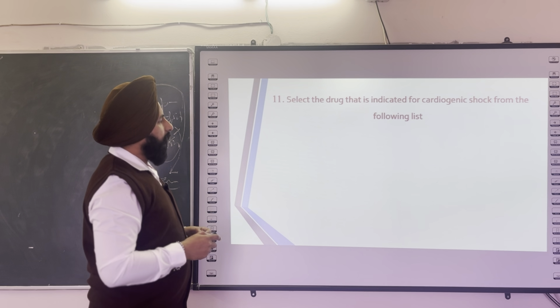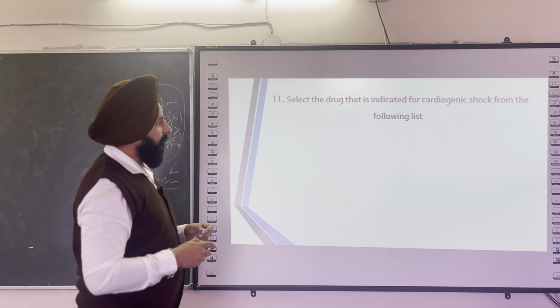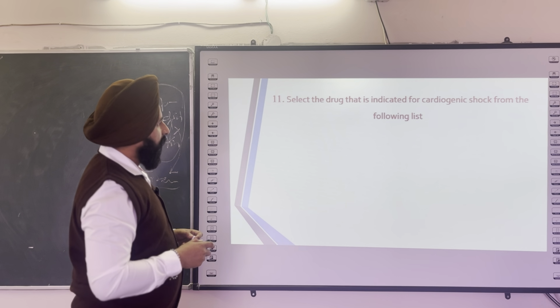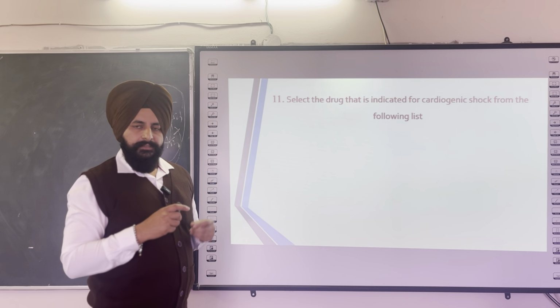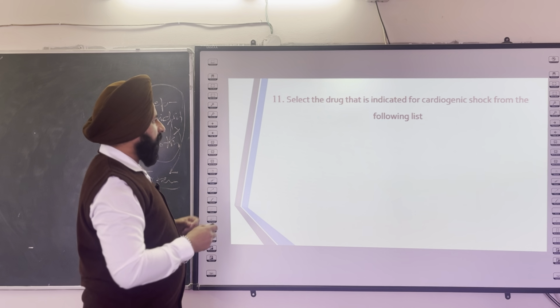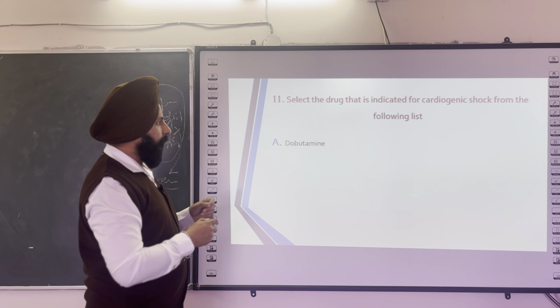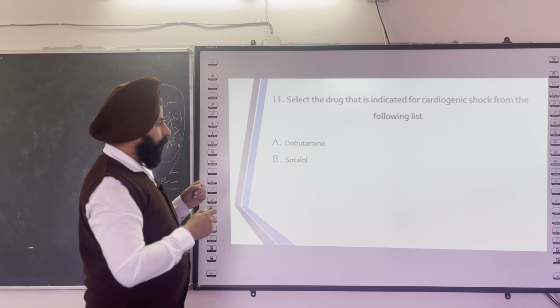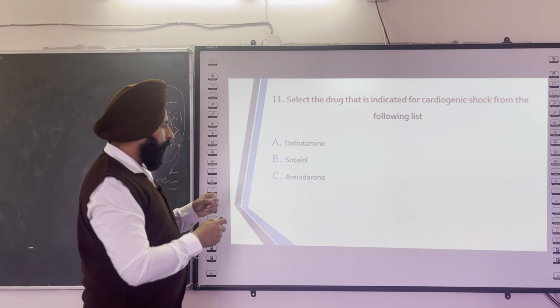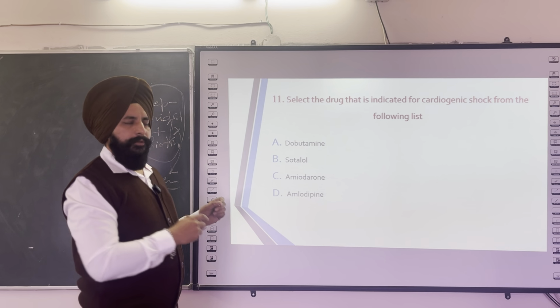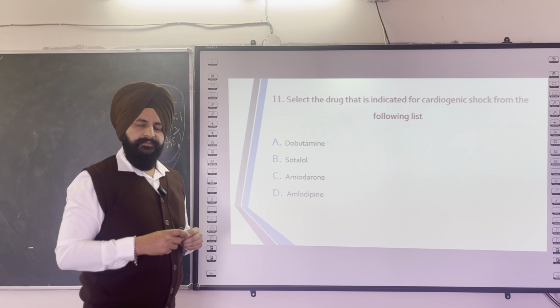The next question for the GPAT series in the Pharma learning channel is, select the drug that is indicated for cardiogenic shock from the following list. So you choose the correct answer. The options are dobutamine, sotalol, amiodarone, and amlodipine. You choose the correct answer very fast.